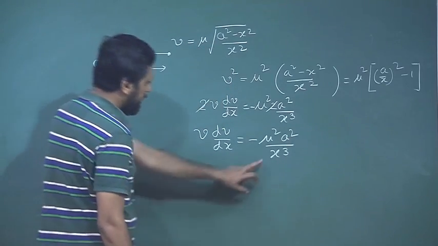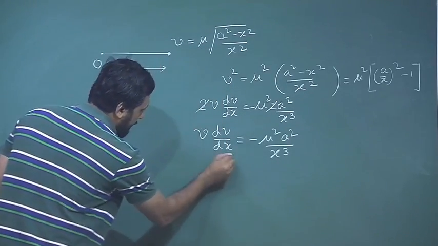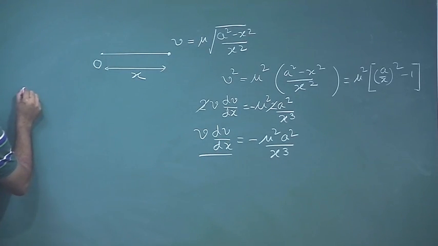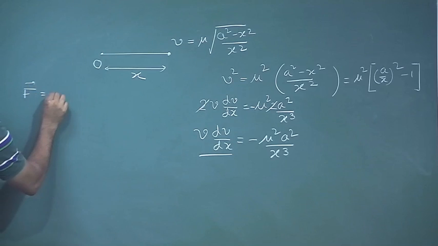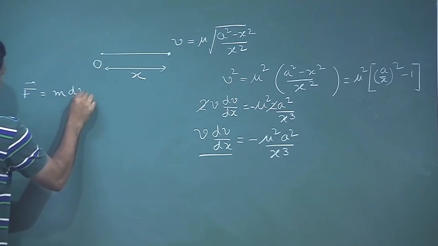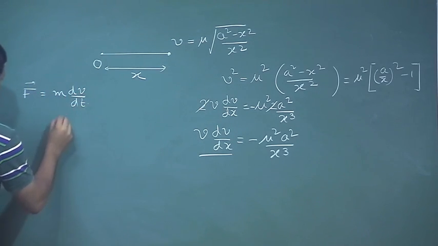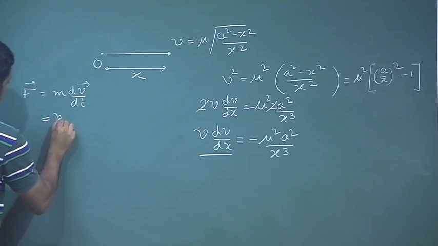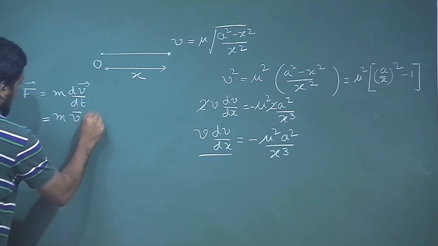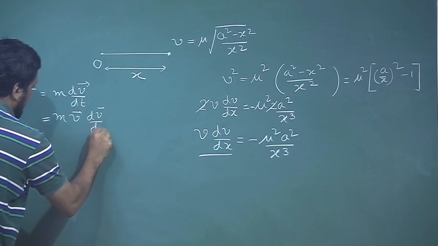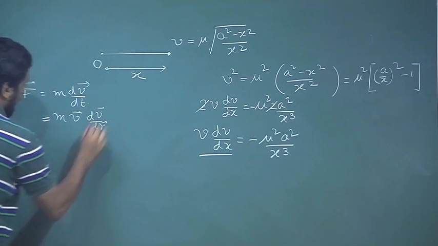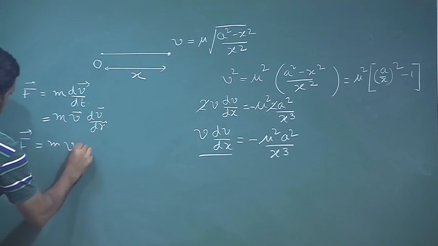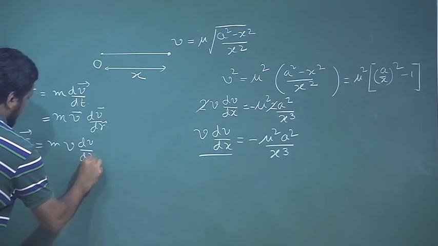If you now concentrate on the left hand side, if you remember, Newton's law says F is equal to m dv dt, and what we did, we rearranged this as m v dv dr, which in one dimension essentially becomes F equal to m v dv dx.